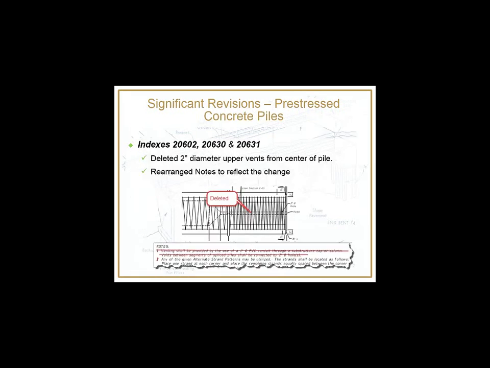The pre-stressed concrete piles: we removed the vent hole at the bottom of the concrete piles for the 30-inch voided piles several years ago. We did have a vent in the upper portion of the void that was required to be then vented out to the pile cap footing, if there was one.